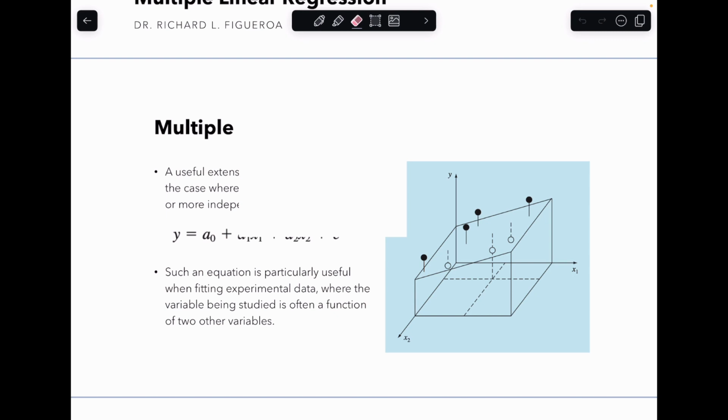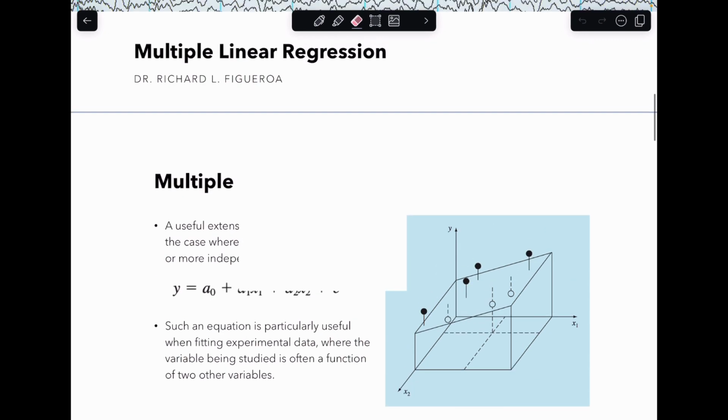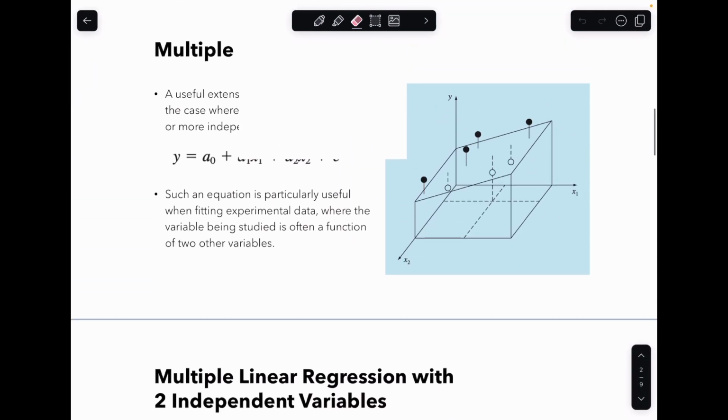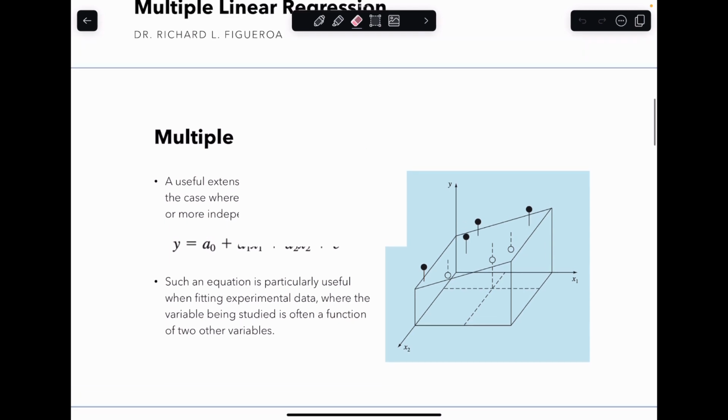So whenever there are multiple independent variables on which the dependent variable depends, that is the time that we use multiple regression.